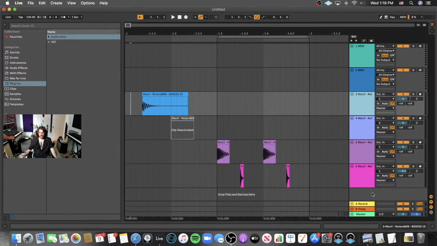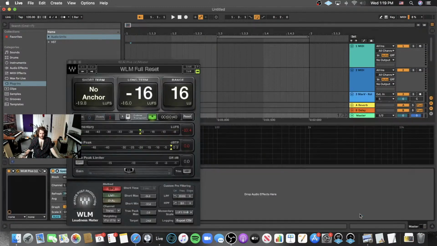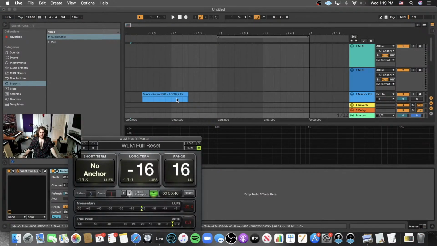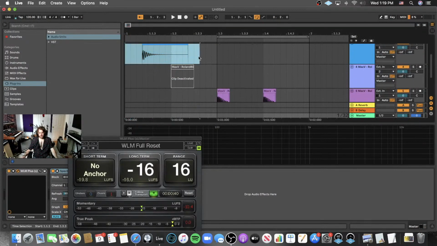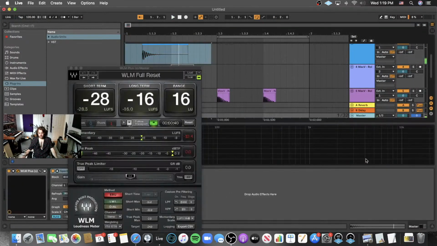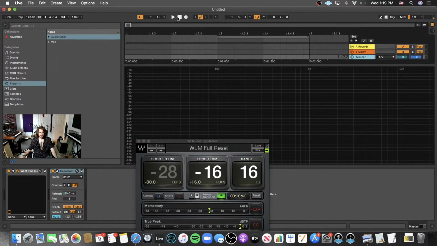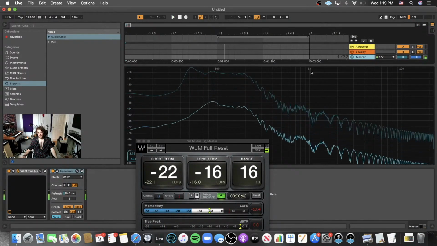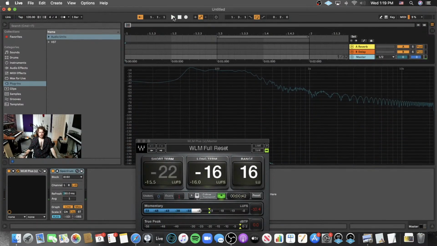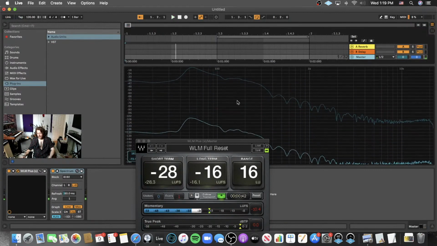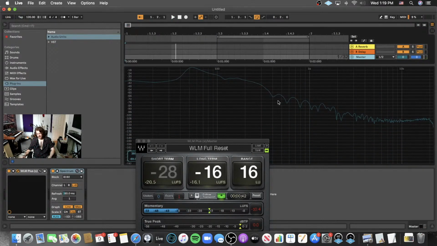So if we look at the spectrum analyzer for this kick drum, so let's open up Spectrum again. We can see that there's a significant, huge bump in the low end. Now that makes sense because this sound is really low.